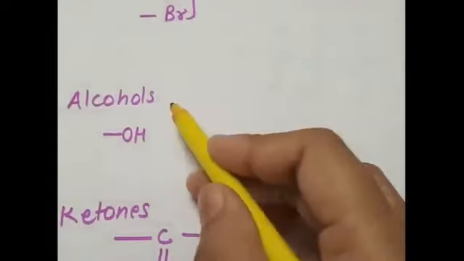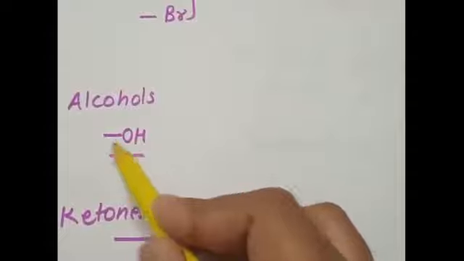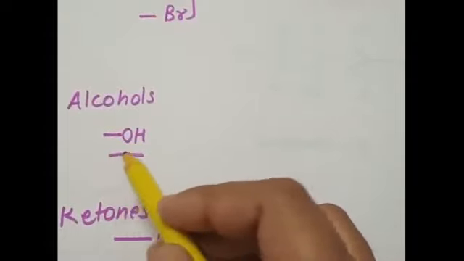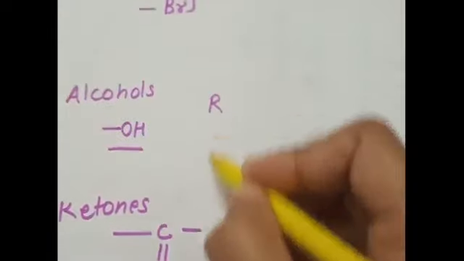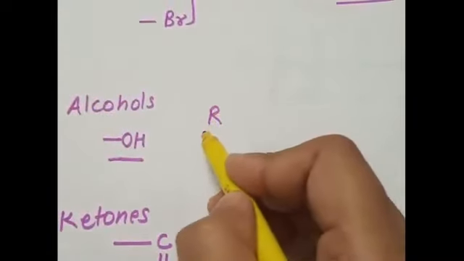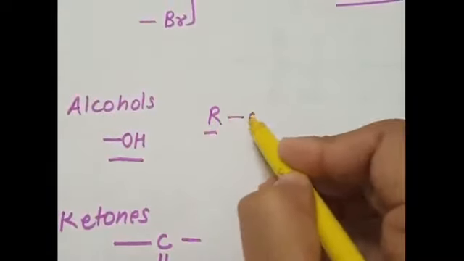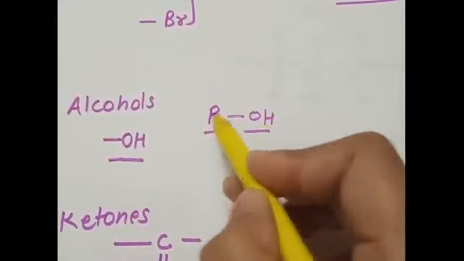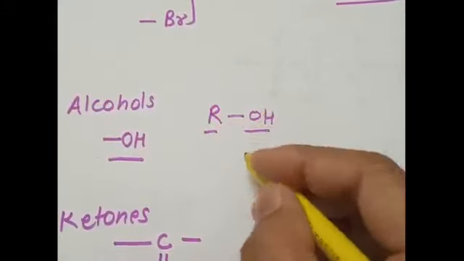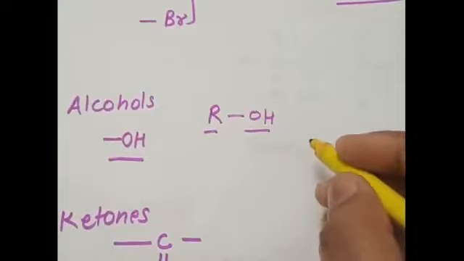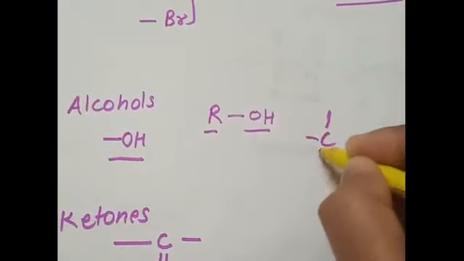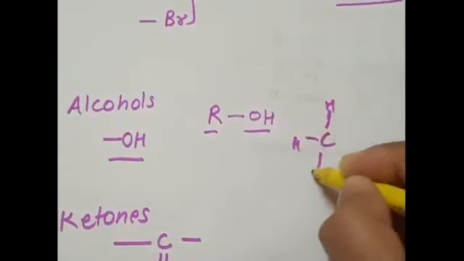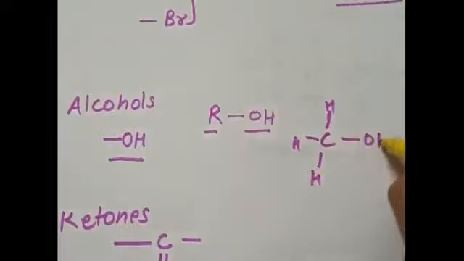Then we have alcohols. Alcohols are represented as the OH group, which is attached to the carbon chain. The carbon chain or carbon ring will be R, so it will always be attached like this, ROH. For example, if we have a single carbon atom, then it is CH3 and OH gets attached to it.